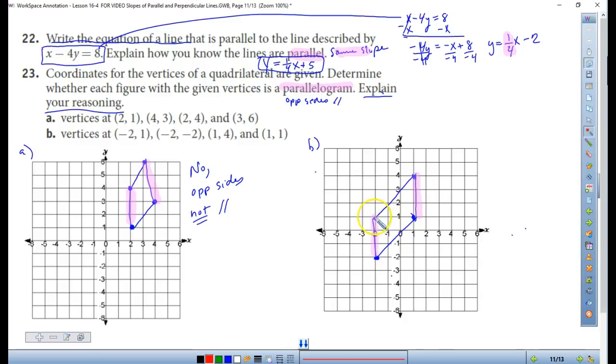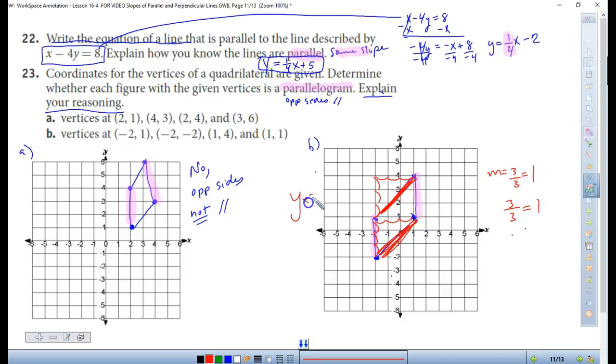So we've got up 1, 2, 3 over 1, 2, 3. So the slope is 3/3, which equals 1. And on this side, it's up 1, 2, 3 over 1, 2, 3. So this side and this side both had a slope of 3/3, which equaled 1.